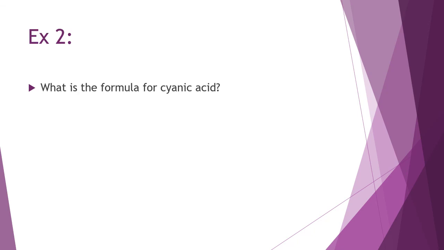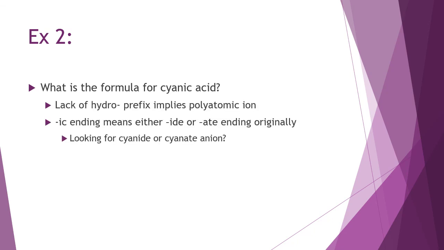Let's look at a second example. What is the formula for cyanic acid? We again must consider what ion is going to be left behind. There is no hydro- prefix here. This implies that we are looking for a polyatomic ion and one that has a cyan- sound to it. So probably either cyanide or cyanate, since those are the two endings that can turn into -ic when you name an acid.